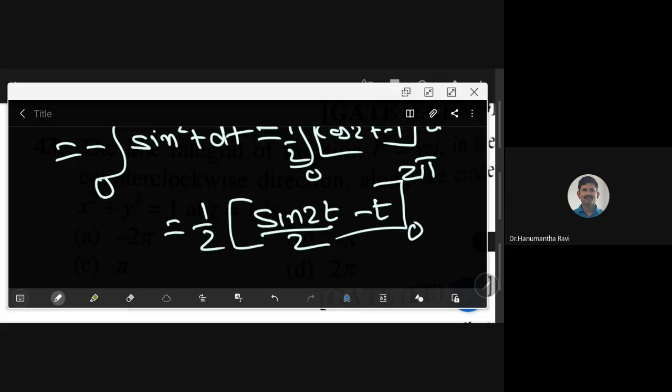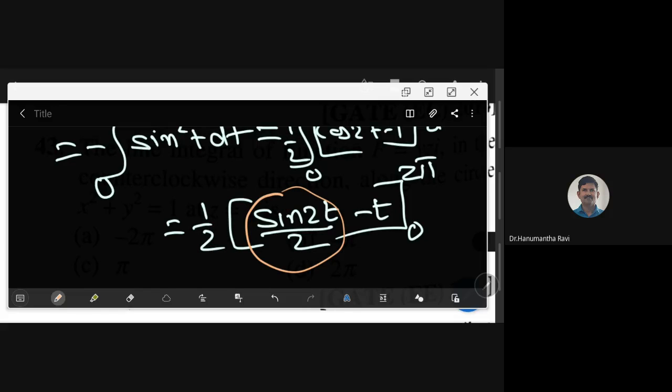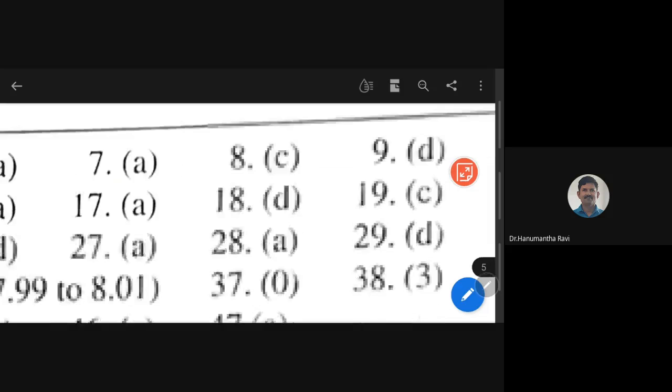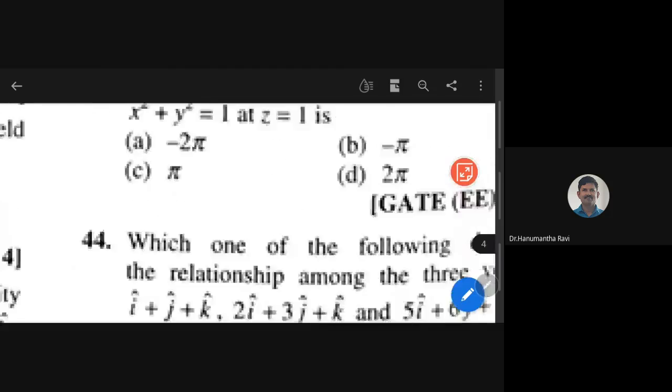But this vanishes at both 0 and 2 pi. So now the answer is, we have minus 2 pi, and you have 1 by 2 into minus 2 pi. Minus pi will be the answer. So are we getting minus pi? 43 is B. Yes, we got minus pi.